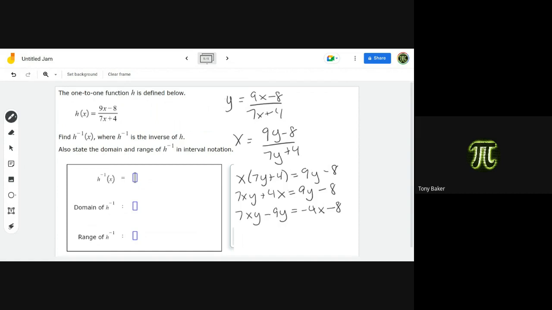Well, if I divide by x, I have to divide everything by x. So then I'm going to have an x over here, which is not going to be helpful. Yeah. So now that I've got all the y's together, I can factor out a y. So I have 7x minus 9 equals the negative 4x minus 8.